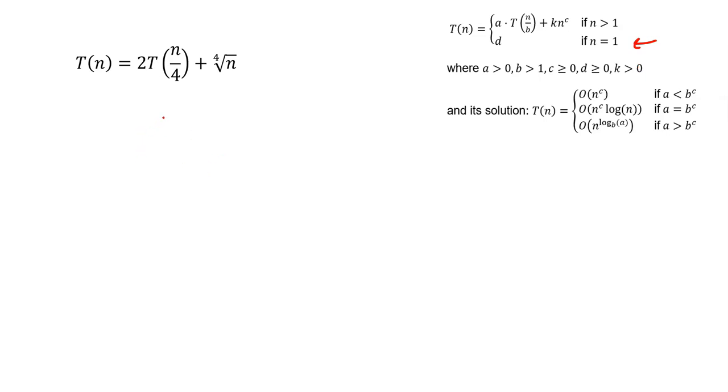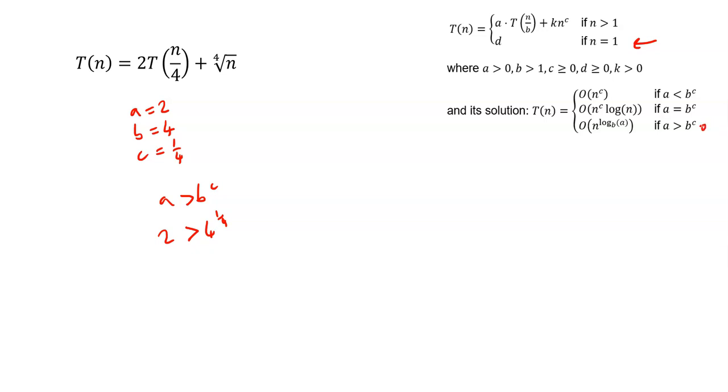Pause the video, try and apply the theorem. What you should have is a equals 2, b equals 4, c equals a quarter. We are comparing a with b to the power of c, so that's 2 with 4 to the power of a quarter. We know 4 to the power of a half is the square root of 4, which is 2, so 4 to the power of a quarter is going to be less than that.